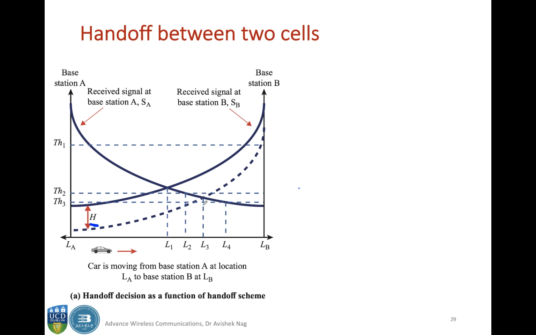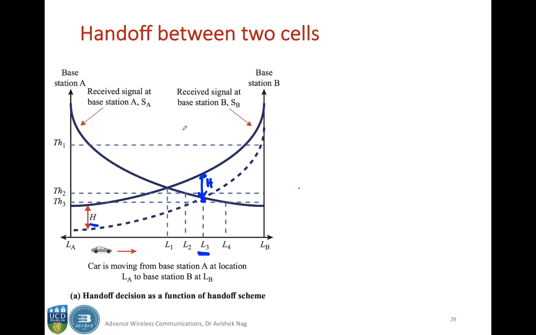According to this figure, the relative signal strength due to A is less than B by a margin H at this point. So this is the point where you should initiate your handoff. This is the distance L3.